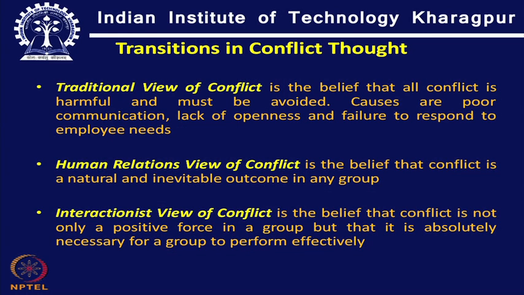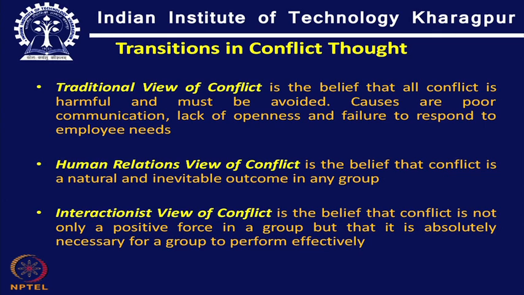Next is the human relations view of conflict, which is the belief that conflict is very natural and an inevitable outcome in any group. It stresses the level of individual differences present between the members of a group, within a group, or between groups.